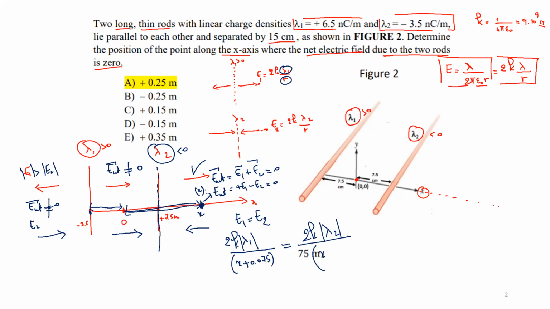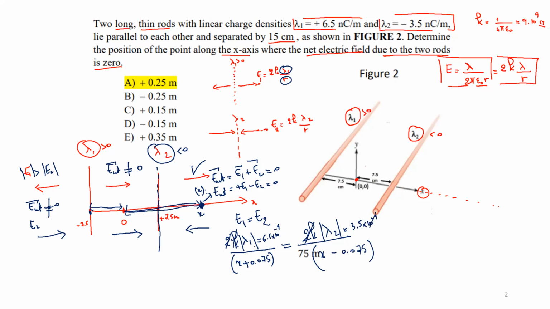And that's just x minus 0.075. So you see 2k will be simplified, and I will have basically lambda 1 in absolute value, which is 6.5 times 10 to the power minus 9 coulomb per meter, and lambda 2, absolute value, of course, 3.5 times 10 to the power minus 9 coulomb per meter.